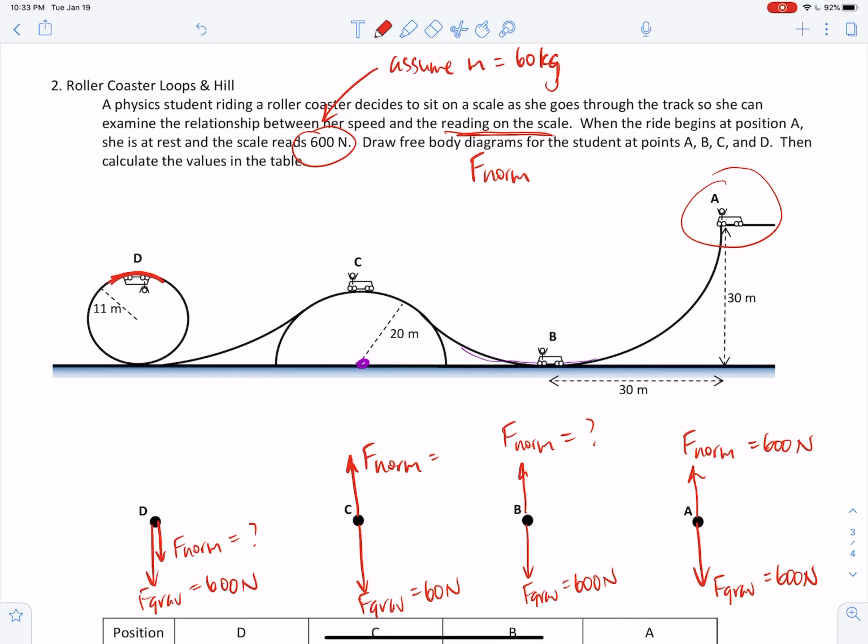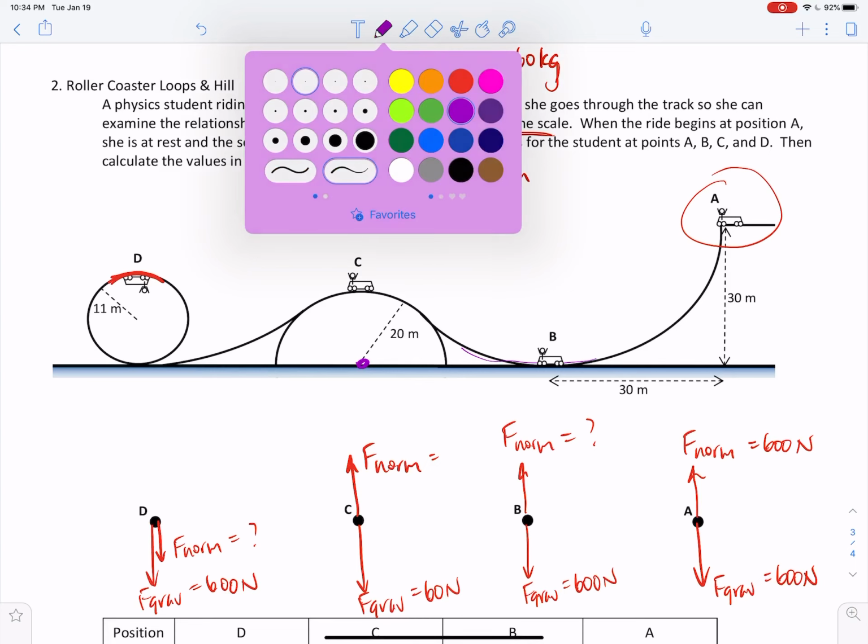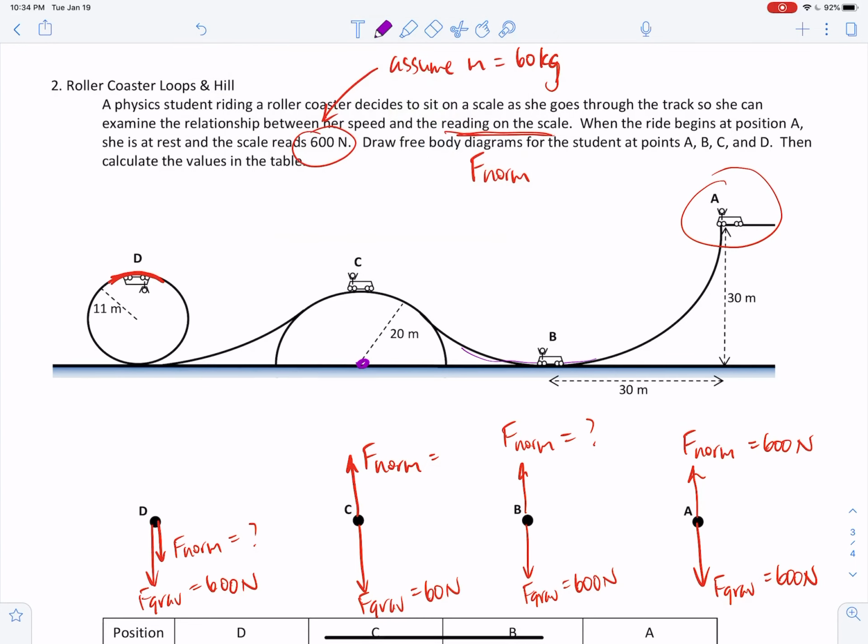Okay, so let's jump into this. I'm going to add off to the side of each of these the direction of the centripetal force, okay? At location A, there is no centripetal force because she's at rest. She's not moving in a circle. At location B, the centripetal force is upwards because that's the direction of the center of the loop.